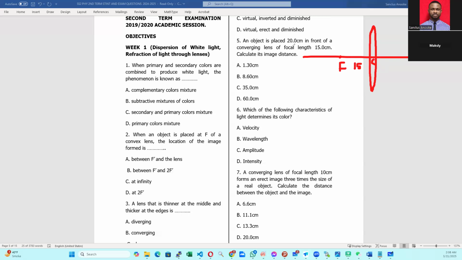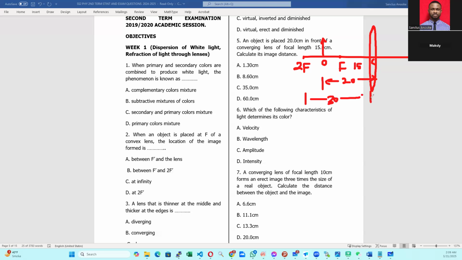Now, the object is placed 20 cm, so from here to here is 20. Twice this distance is where you will have your 2f, somewhere around here. So from here to here will be 30.